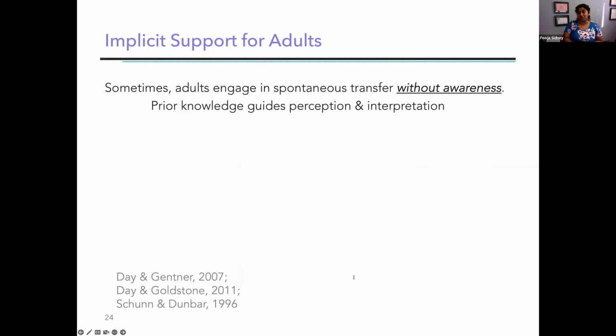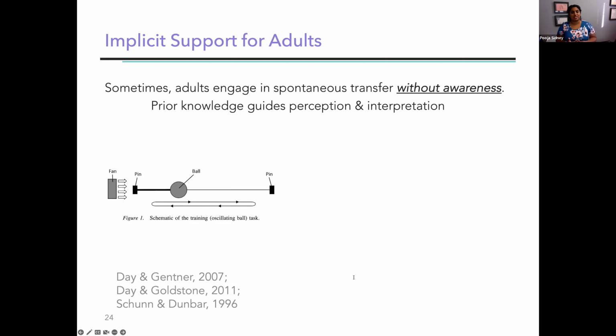There's also research with adults showing that they do engage in spontaneous transfer from source problems to conceptually similar target problems, and sometimes without any conscious awareness of the analogy. Instead, adult learners' prior knowledge guides their interpretation of new situations by affecting how they perceive and thus interpret those new situations. So for example, in one study by Day and Goldstone, adults were first taught about a physical system in which they had to control the location of a ball that's oscillating between two pins by using a fan.